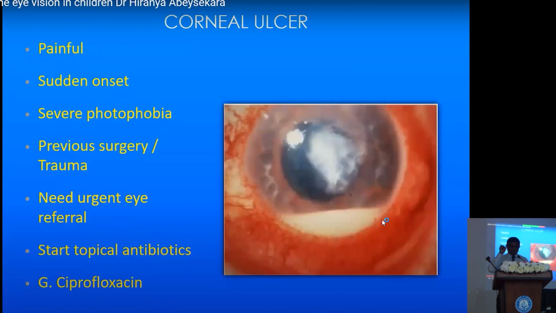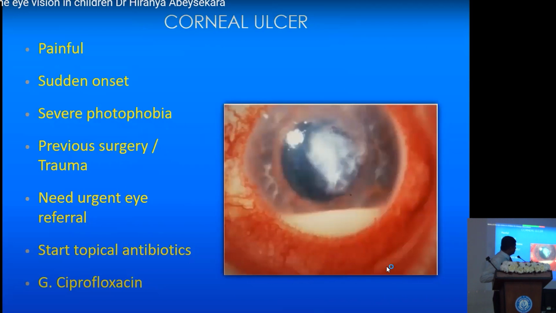They have lots and lots of fungus in this vegetable matter and the rice seeds. So the child will come with a neglected corneal epithelial defect, which could have been treated early with simple topical antibiotics. So you can see this with your pen torch.